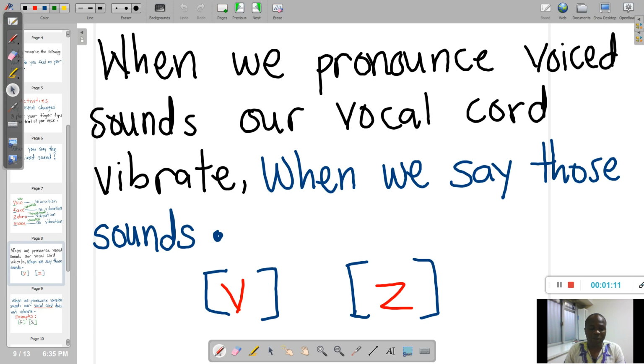You can feel the vibration. The sound Z, z, z, is also making the vibration. So these two sounds are called voice sounds, or sounds that can vibrate.